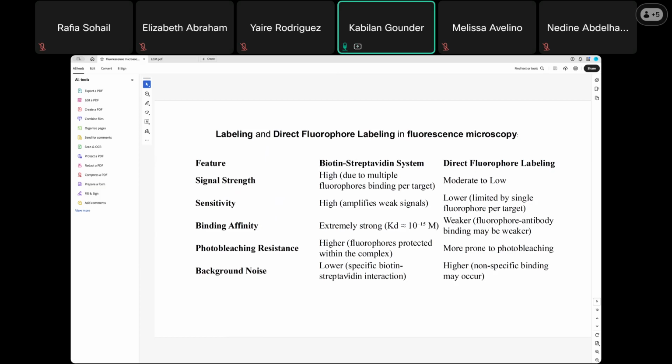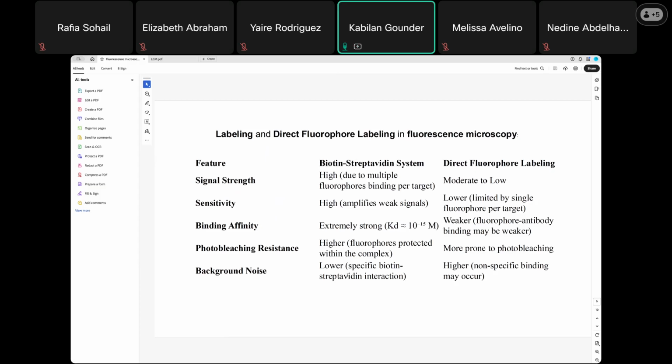Also the photobleaching resistance is higher, because the fluorophores are protected within the complex. Continuously using the fluorescence lamp will bleach the dye.